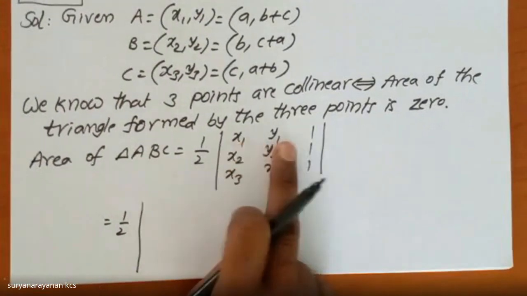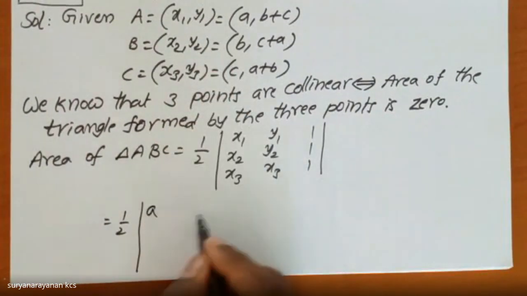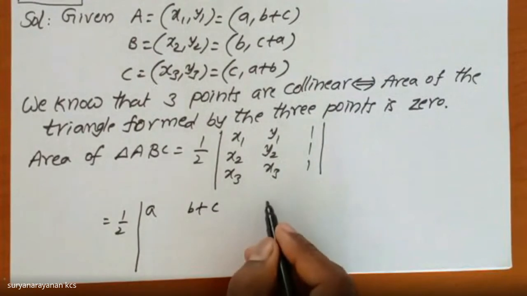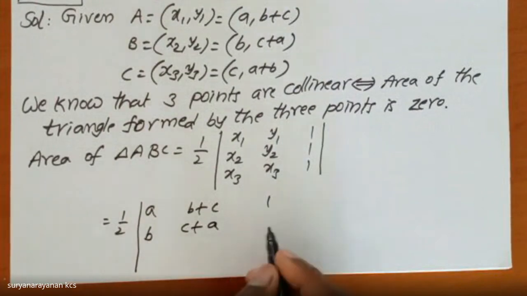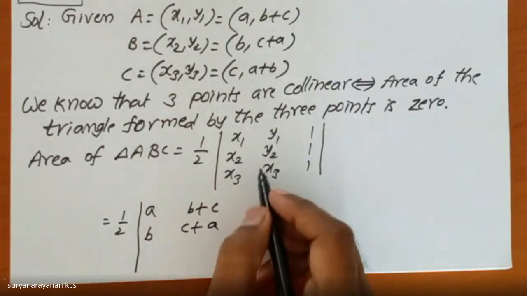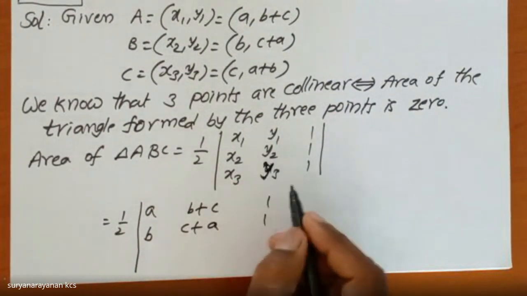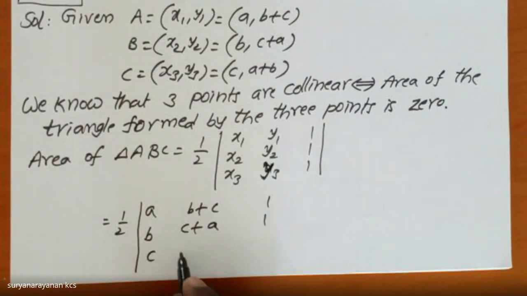What are x1, y1? a, b+c, 1. What are x2, y2? b, c+a, 1. What are x3, y3? c, a+b, 1.